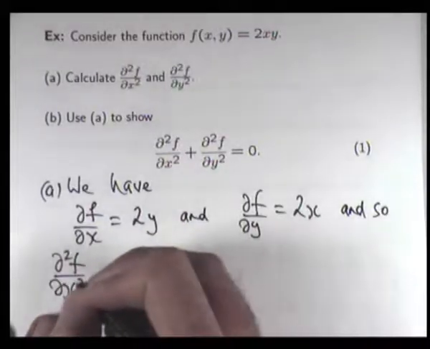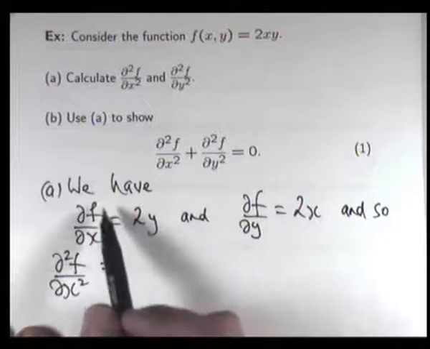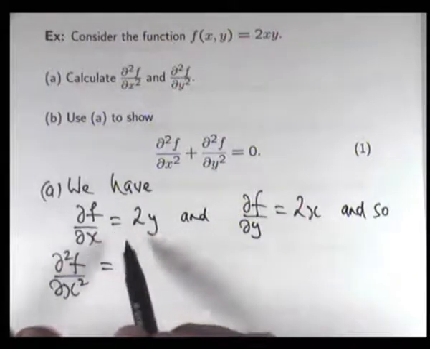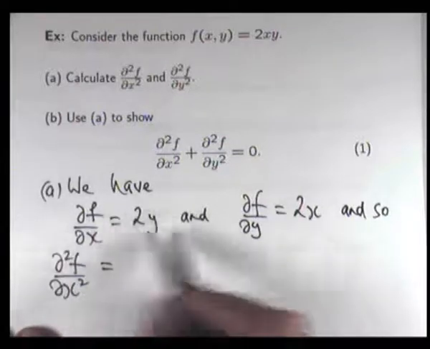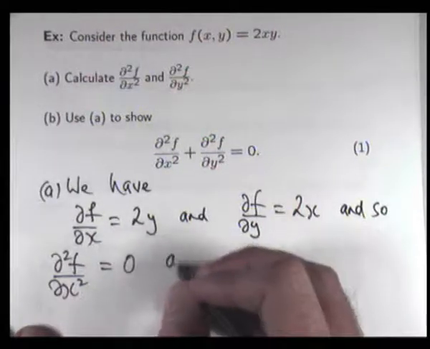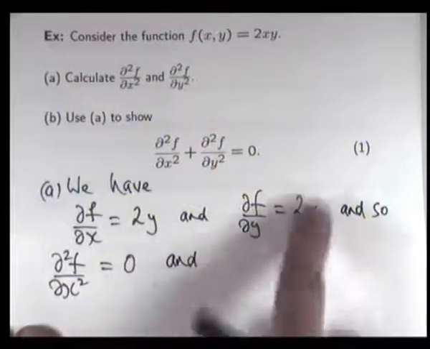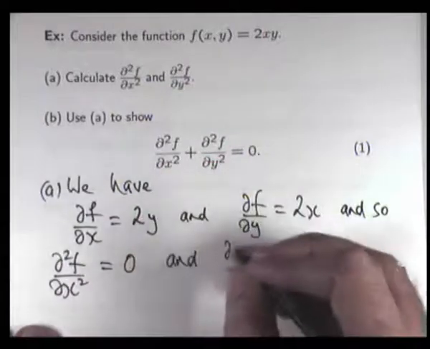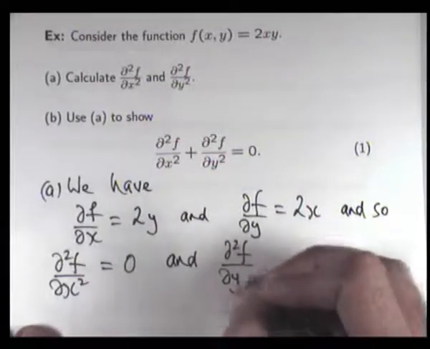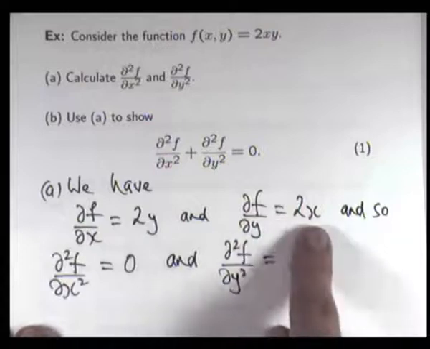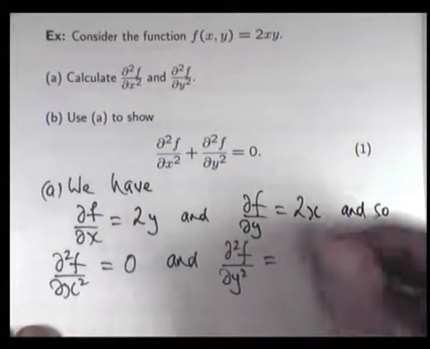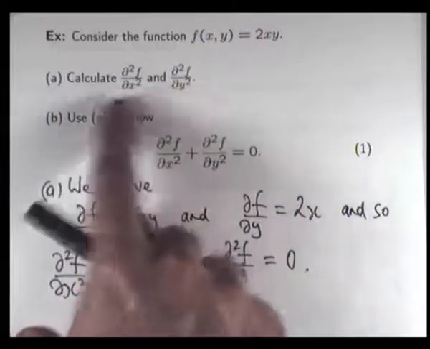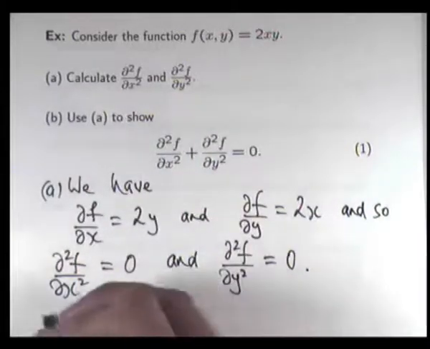So again, you can see I'm using the curly D notation here. So if I go up to here and take the partial derivative with respect to x, well, y is constant, so this is just going to be 0. And similarly, if I go up to here and calculate d squared f dy squared, then here x is constant, so this is just going to go to 0. So the value of these 2 second-order partials are both 0.